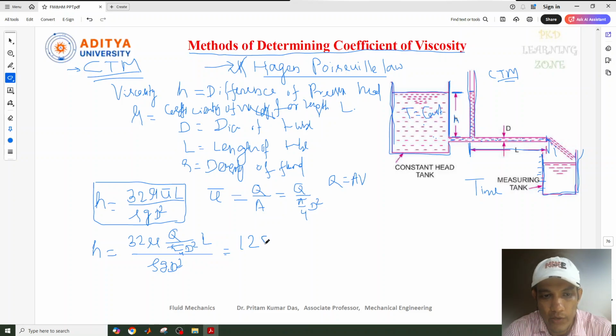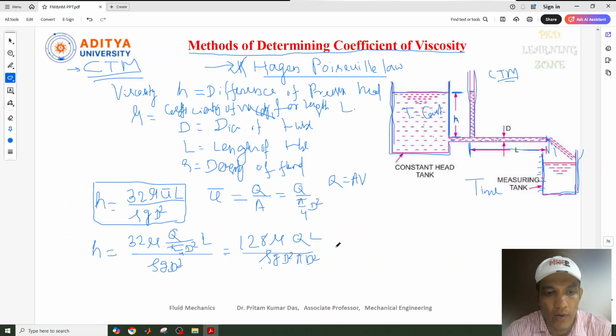So this is 128 mu q L, and in the bottom it will be rho g d square, again pi into d square will be there. And this is h.